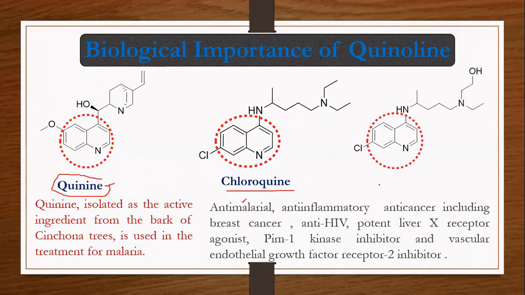They have medicinal properties. Nowadays of corona pandemic, the famous molecule is hydroxychloroquine. You see, here is the presence of chlorine. The use of this hydroxychloroquine is still questionable. Okay.